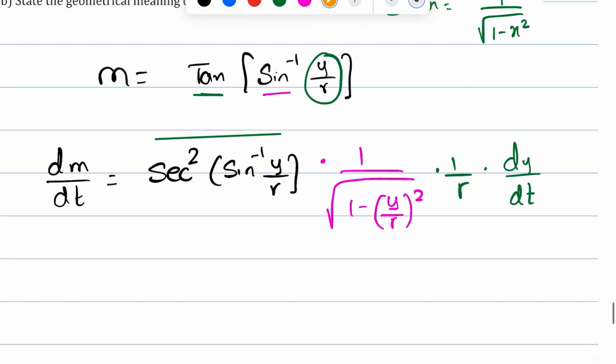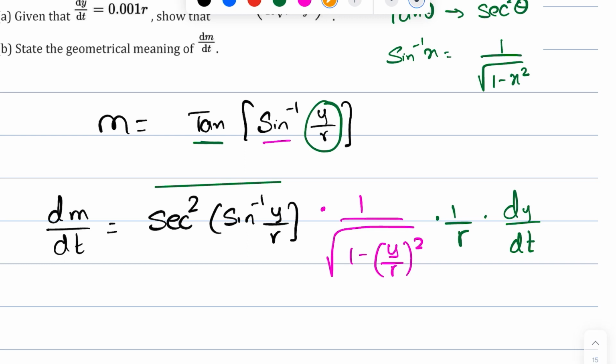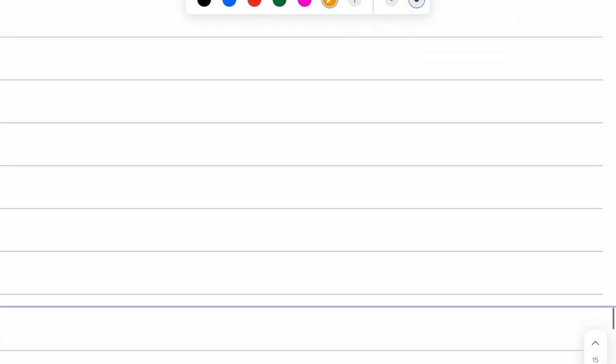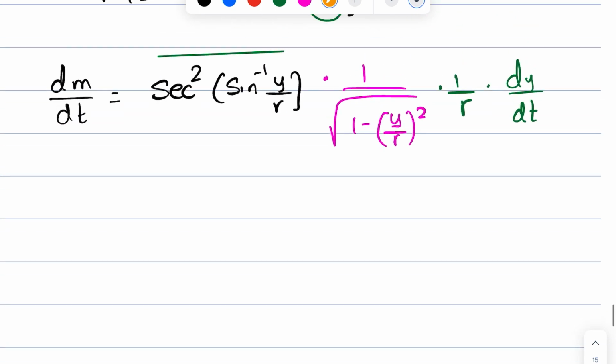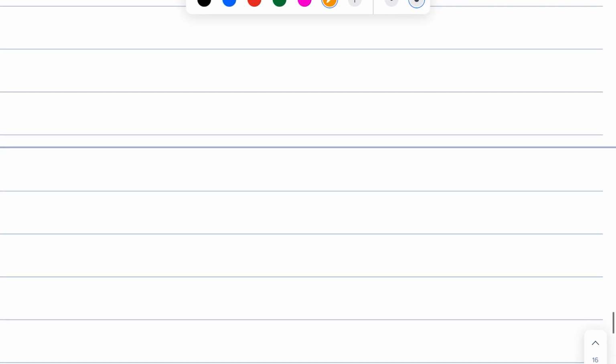For this, we have to learn sine inverse x. I have to convert this sine inverse of y upon r into cos inverse, so that cos inverse and secant, being reciprocal to each other, can get cancelled.